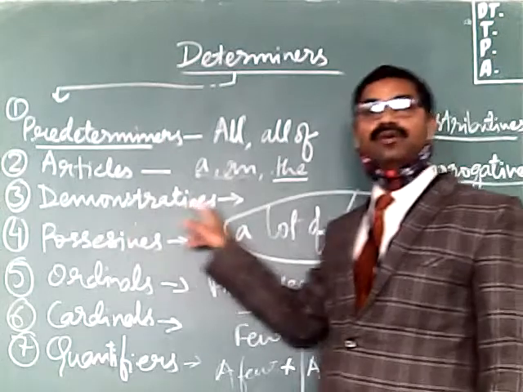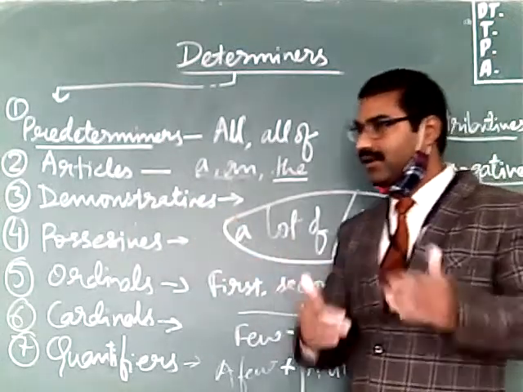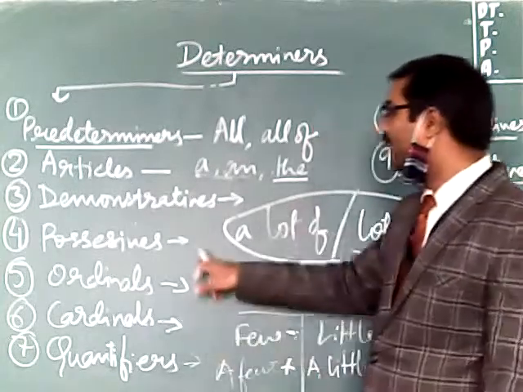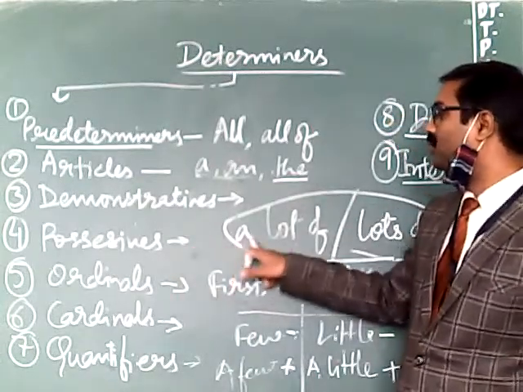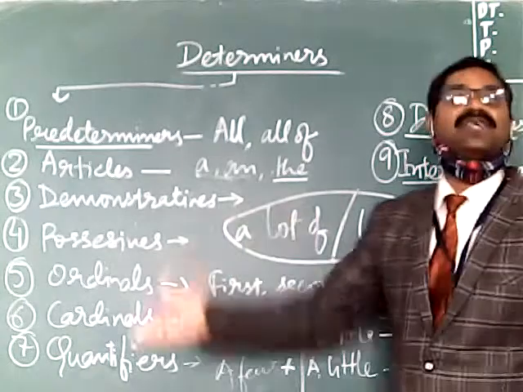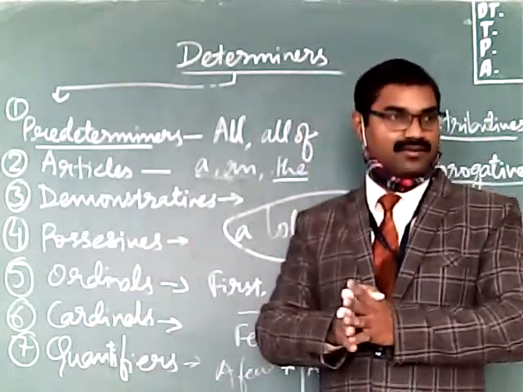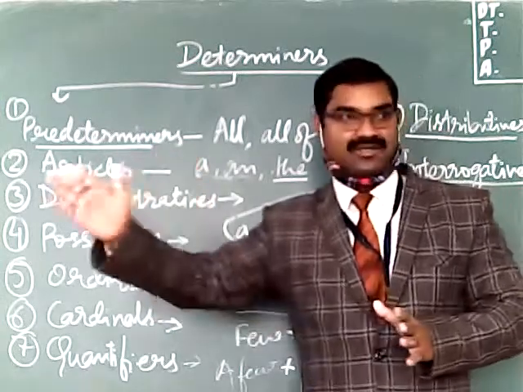Demonstratives, as I told you, are used when you show things: this, that, these, those. Possessives show who is the possessor of the thing. So "my textbook is there," "his bag is kept in the cupboard."